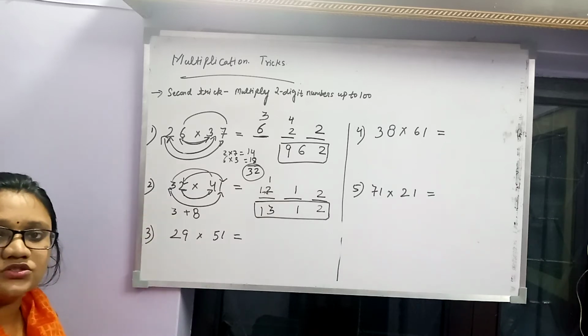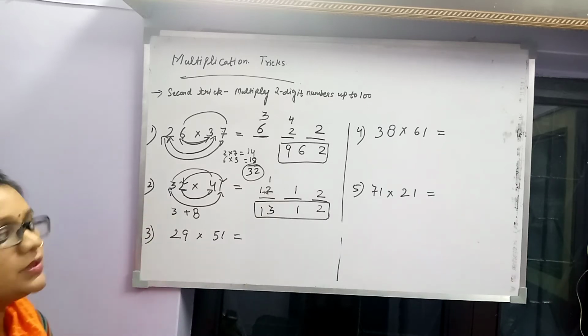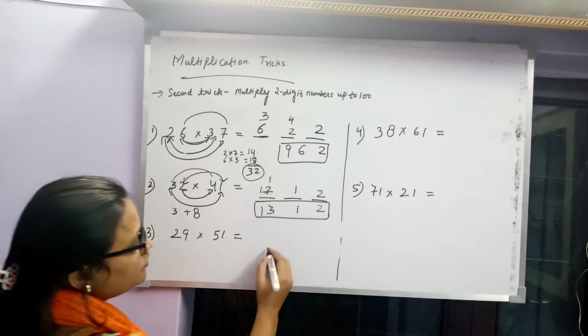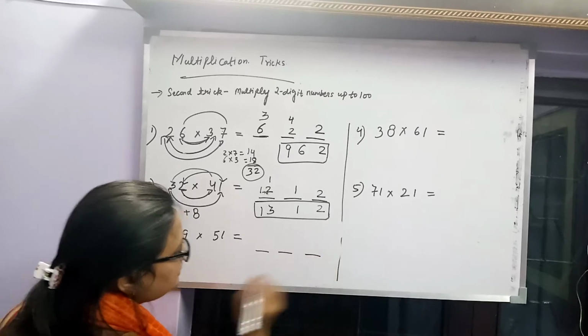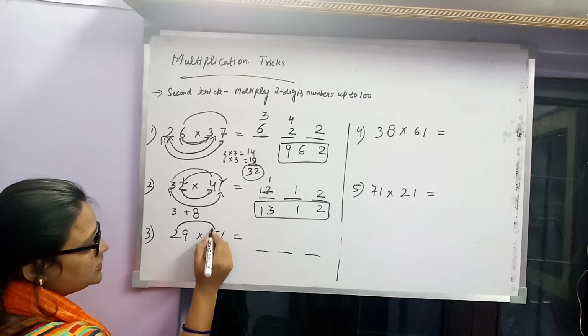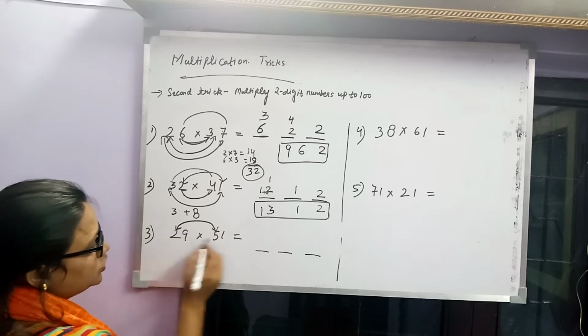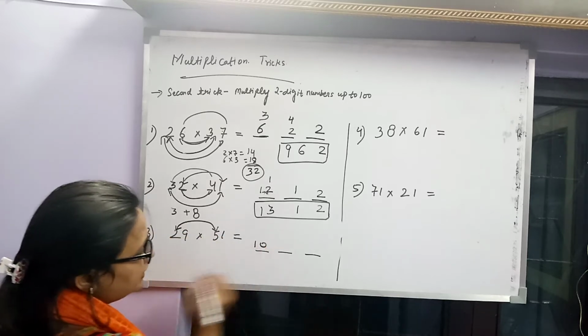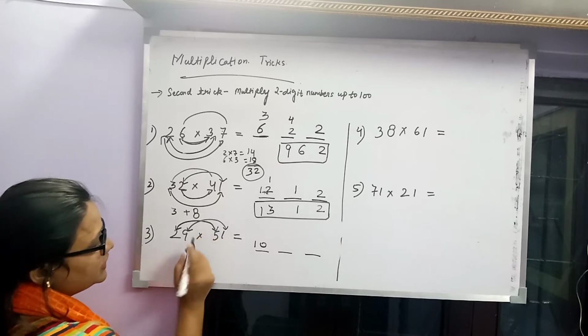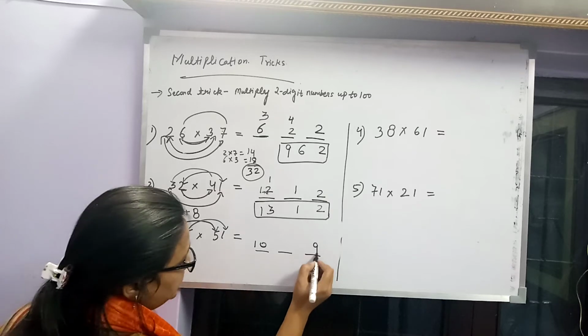Now again let's do one more example so that it will be more clear to you. First, we have to make 3 blanks. Next, we will multiply the tens digits of both the numbers. So 2 into 5 is 10. So we will write here. And then we multiply the unit digits. So 9 into 1 is equal to 9.